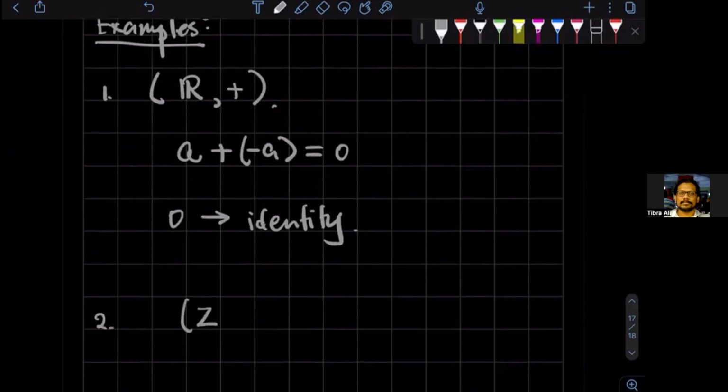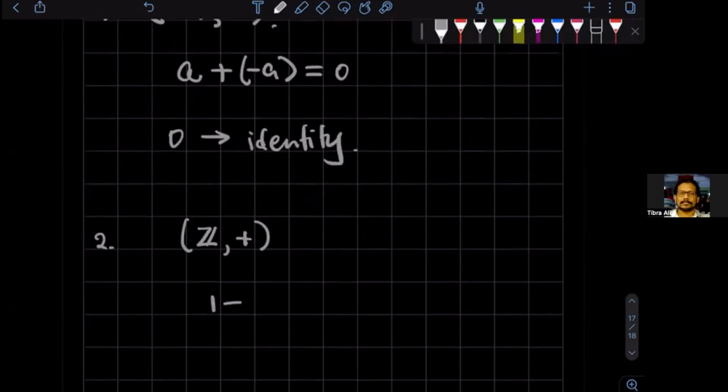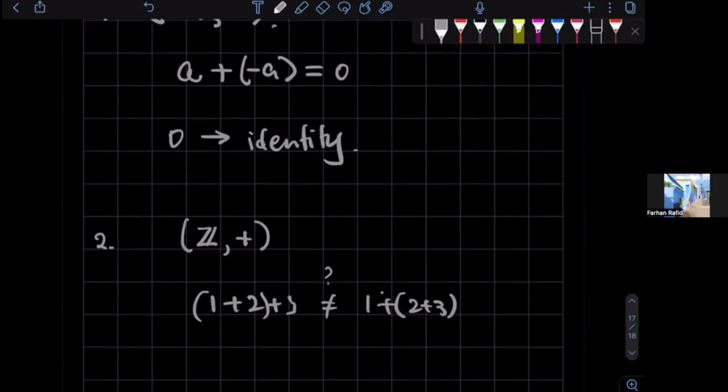What about the set of integers under addition? Is that a group? No, it's not associative. Oh, sorry, I heard division.